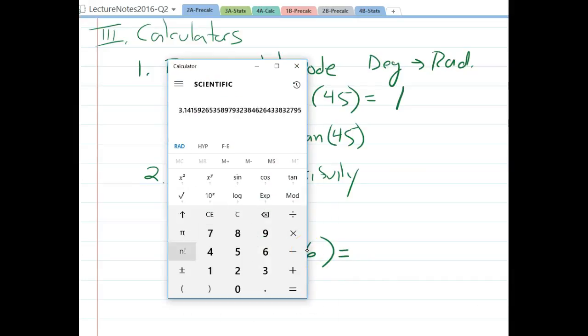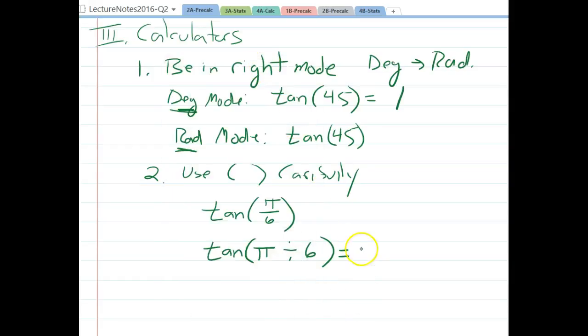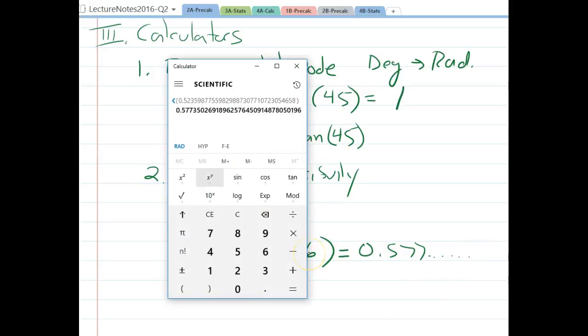So if I do that here, there's pi divided by 6 equals, and then I'm going to hit tangent. And what I get is 0.577, etc. Now, I want to express that as an actual number, so I'm going to square that answer, and you'll see that I get 0.33333, which is 1/3.